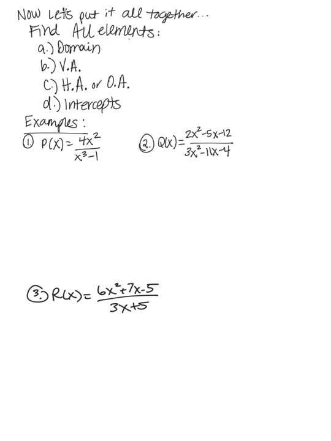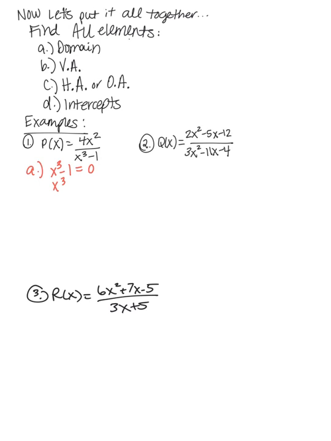Okay, so all I want to do here is review all of the steps that we've done. We're going to put it all together and see if we can find all of the different elements. The first thing that we want to find is our domain. So remember, our domain is going to set that denominator equal to 0.